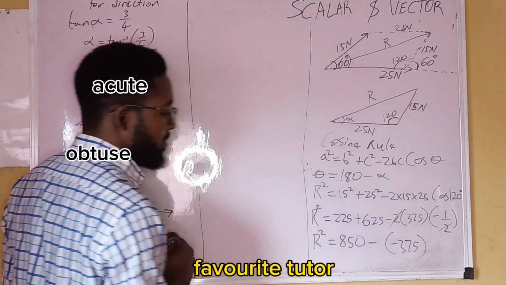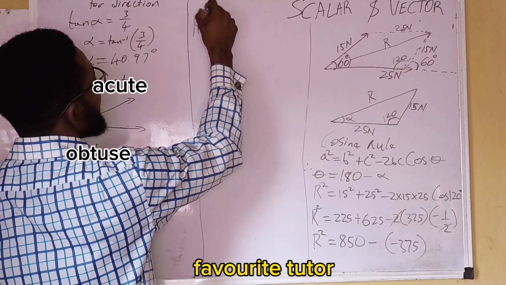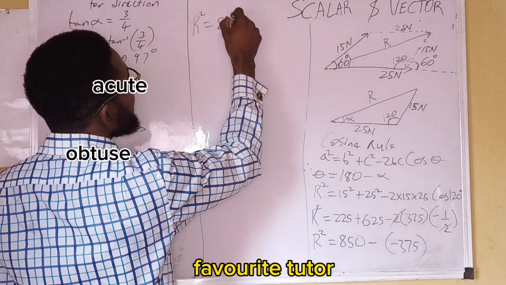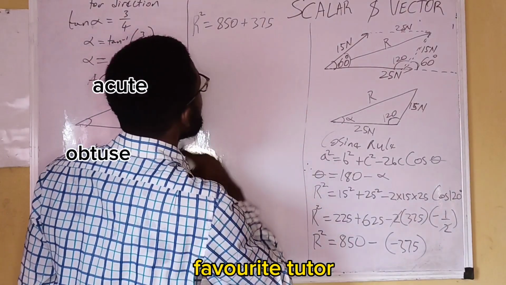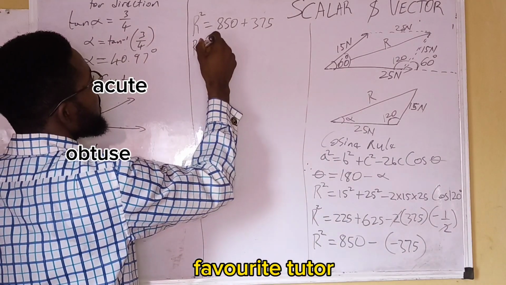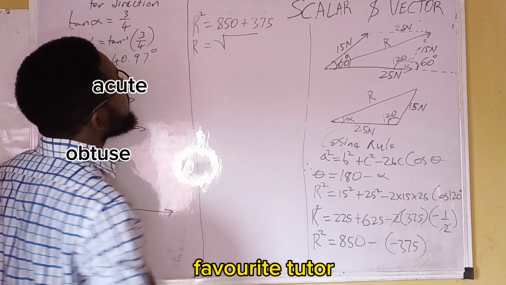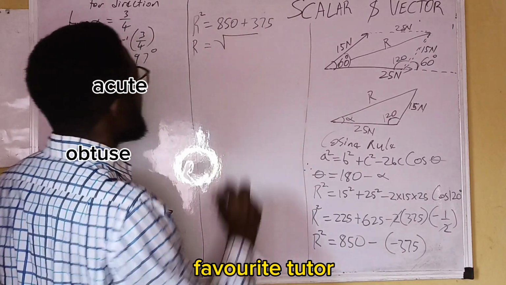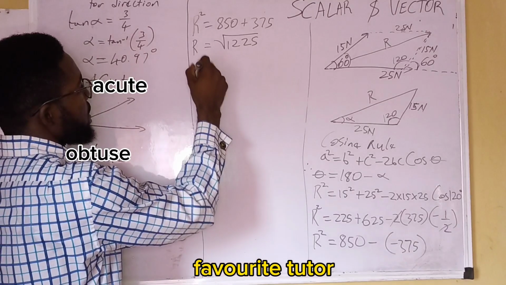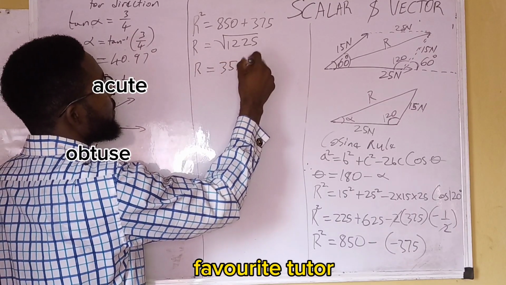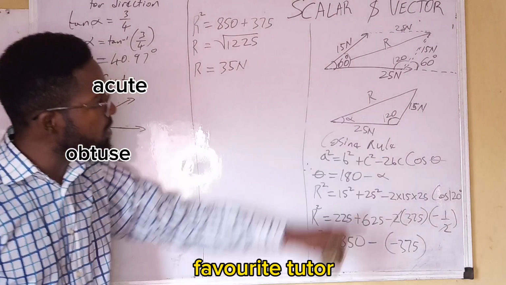When negative signs multiply each other, we have positive. So the resultant squared is equal to 850 plus 375, which is 1225, so the resultant is the square root of 1225, which is 35 Newton. Ladies and gentlemen, this is the answer to the question.